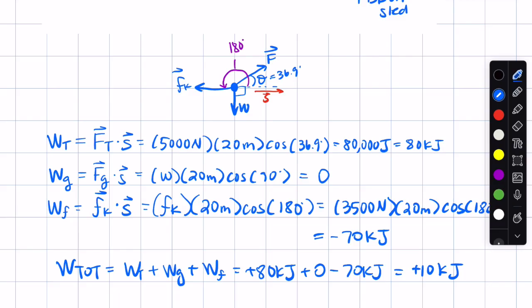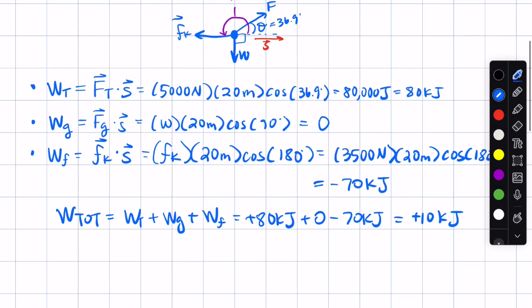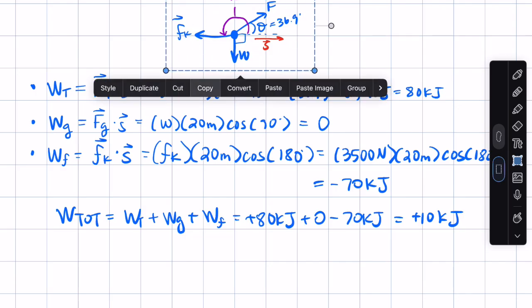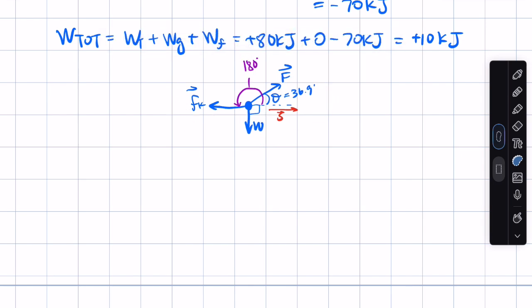Okay, so there's another way we could find that. Instead of doing these three calculations, we could add up the force vectors. So that's one method of finding the total work done.